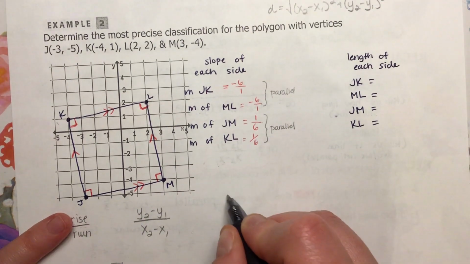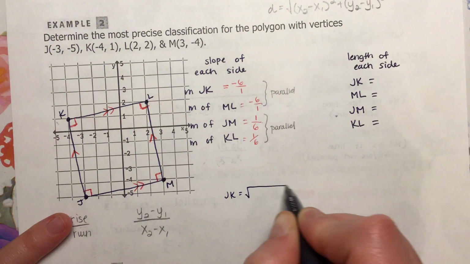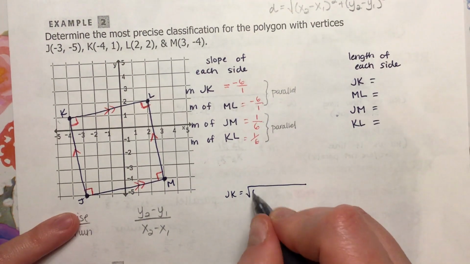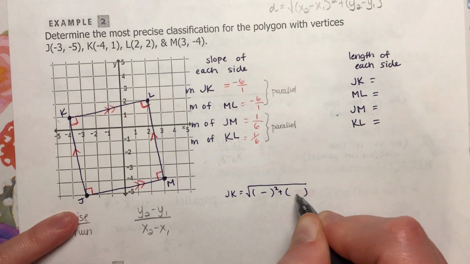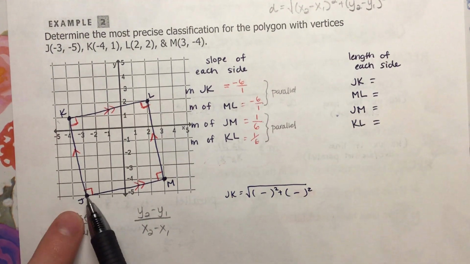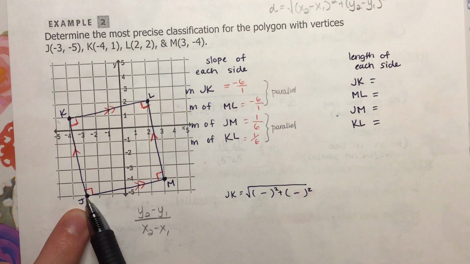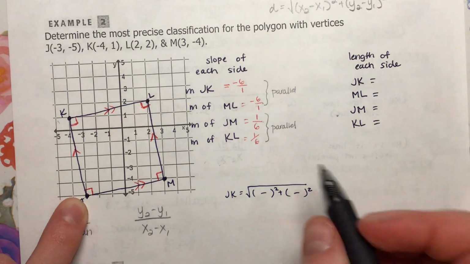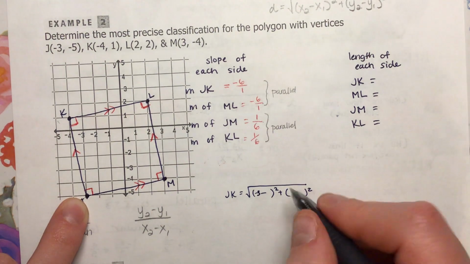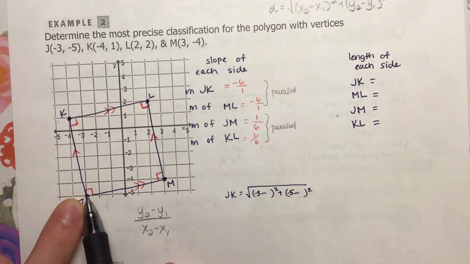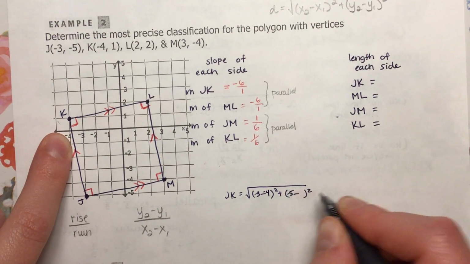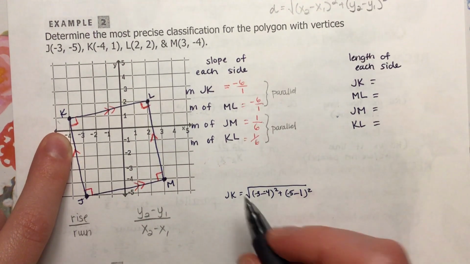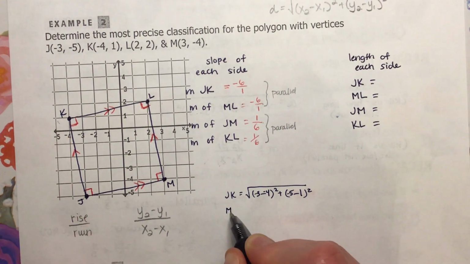So I'm going to say JK is equal to the square root of, this is at -3, -5. So I've got -3 and -5. And then I have -4, 1. Then I'm doing ML.